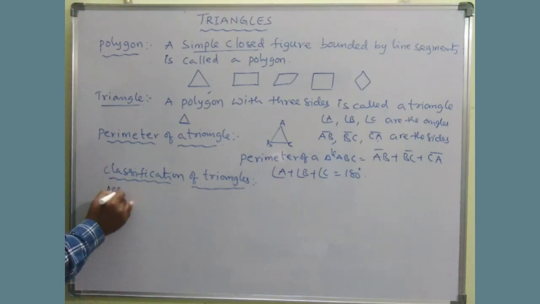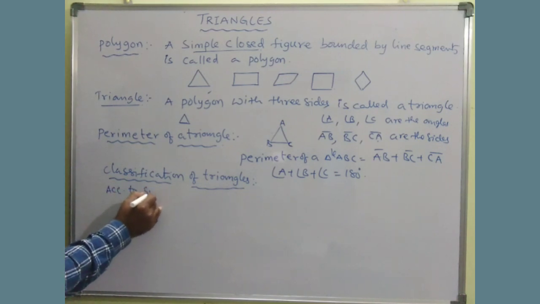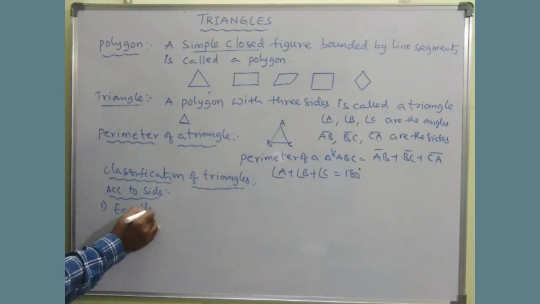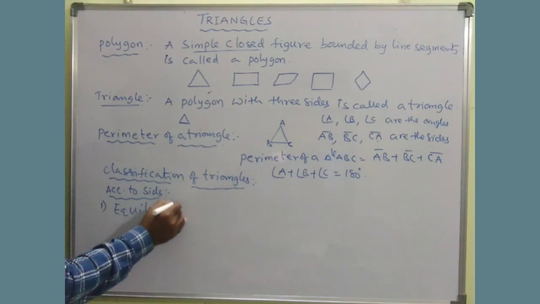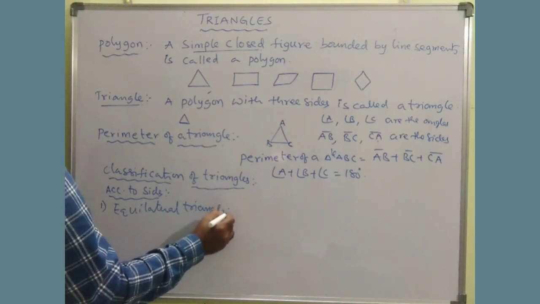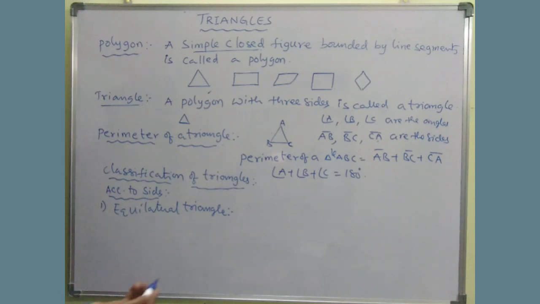So let us discuss first of all, according to the sides, how can we classify these triangles? See, there are 3 types. One is the equilateral triangle. So very simple. What is this?